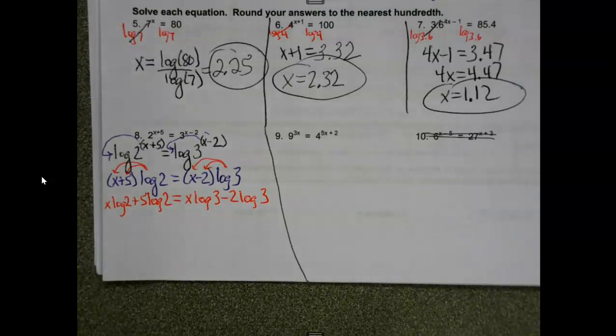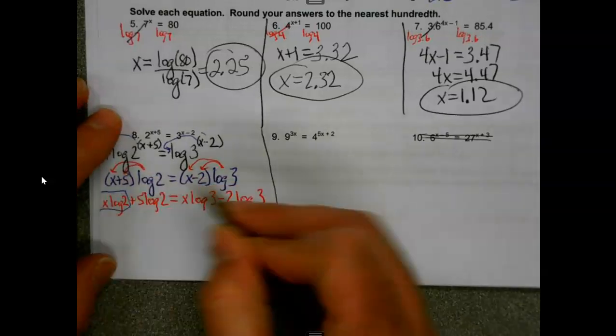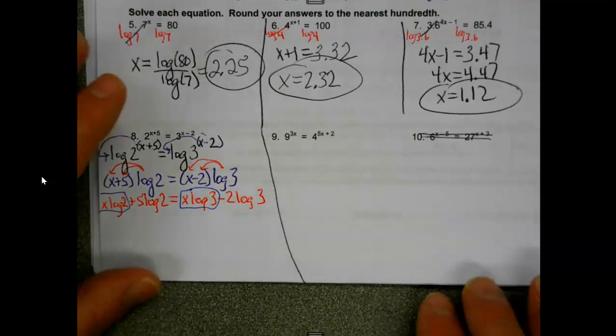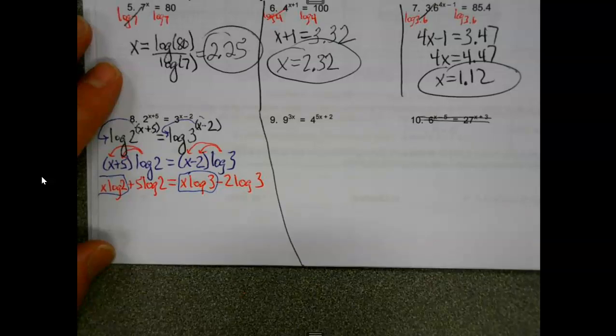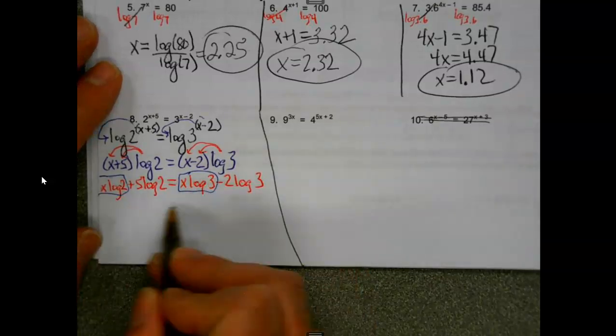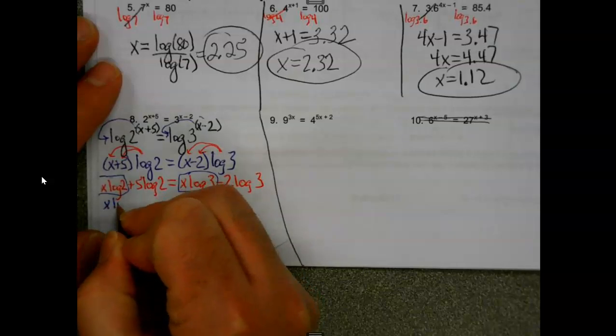So our next job is going to be to get all of our x terms on one side and all of our non-x terms on the other. So here we go. I'm going to condense this a little bit. So I'm going to subtract this x log 3 over here. So let me show you what that looks like.